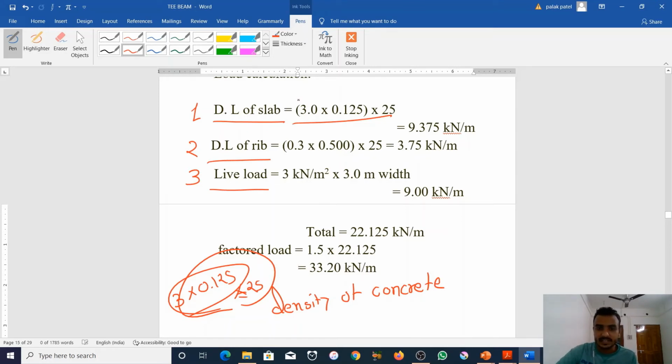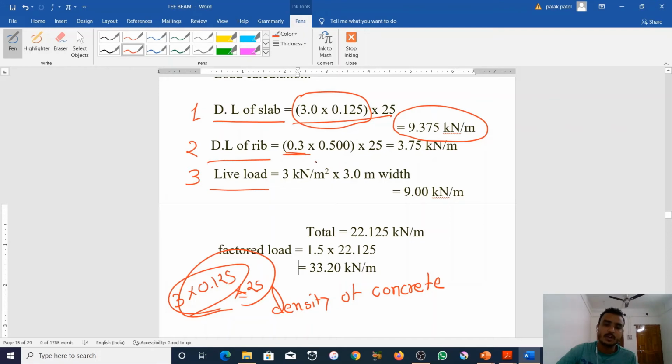So 3 into 0.125 into 25 is called 9.37 kilonewton per meter. Then after, depth of rib we assume 0.3.